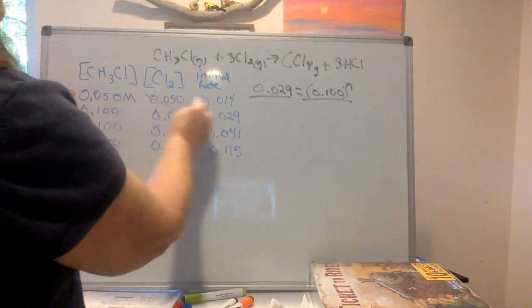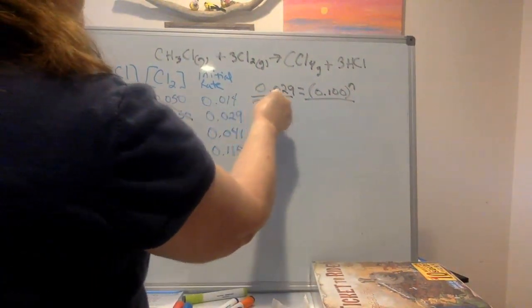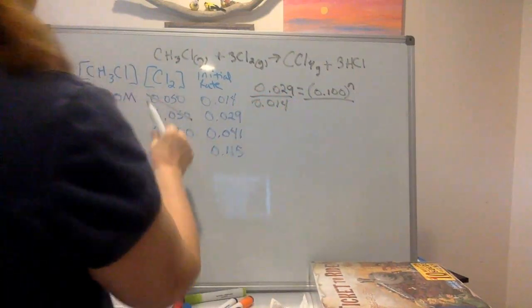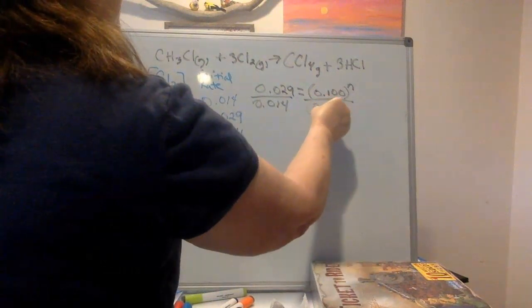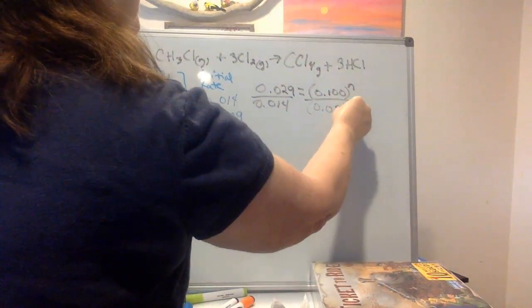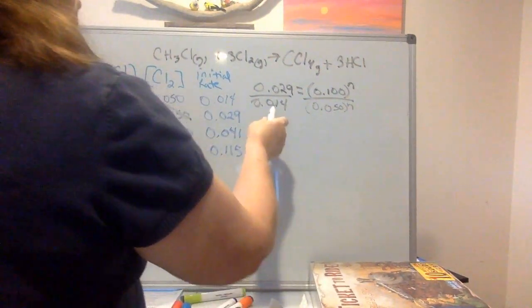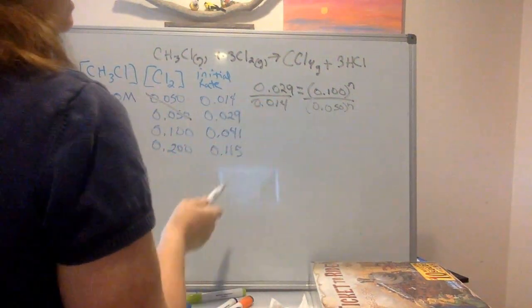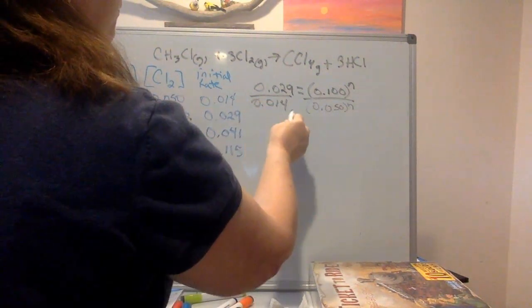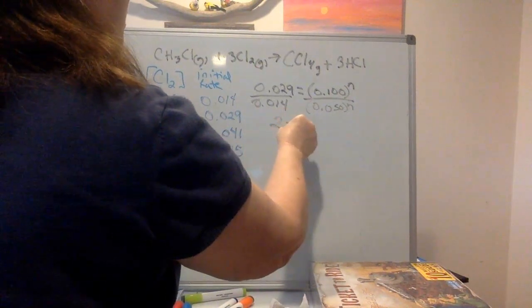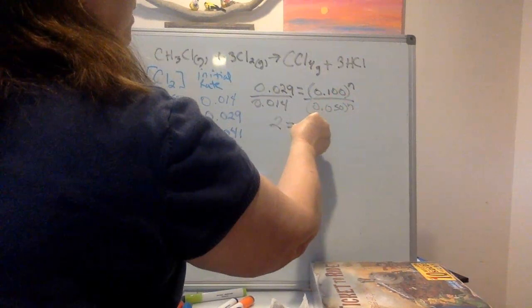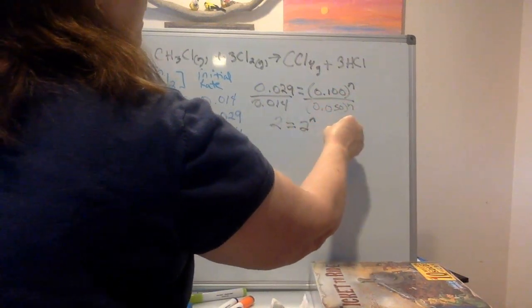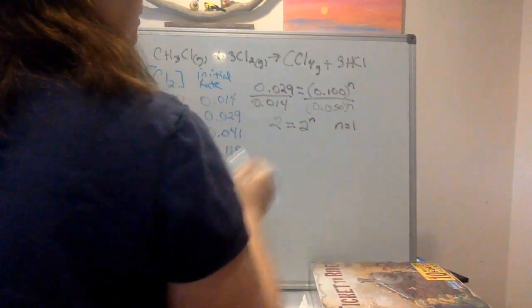And the first trial is going to be 0.014, and the concentration is 0.05 to the n. So 0.029 divided by 0.014 is 2, and 0.1 divided by 0.05 is 2 to the n, so we see that this is first order.